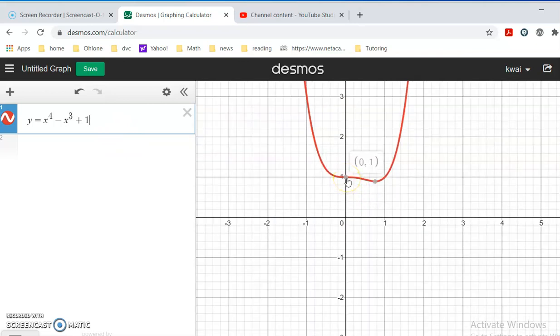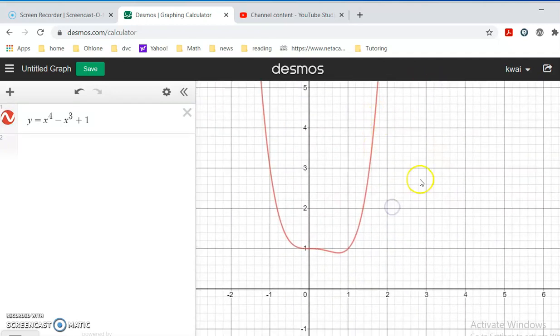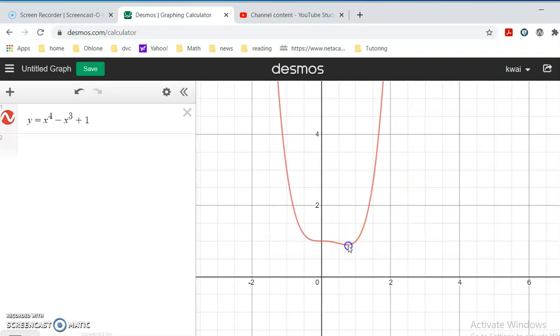I don't think this is a local one. This is kind of like a flat area. This is the only one that goes down, and the two ends shoot up. So we should not expect there are any turning points on the other side.